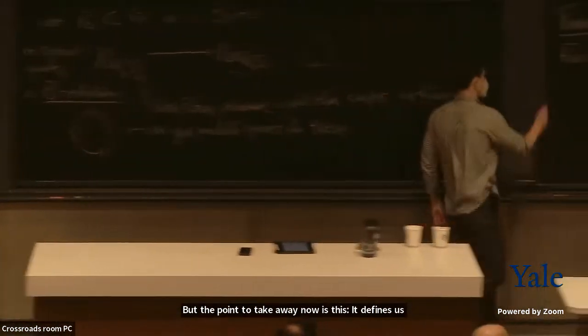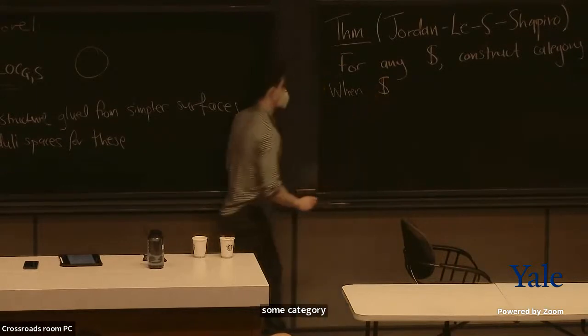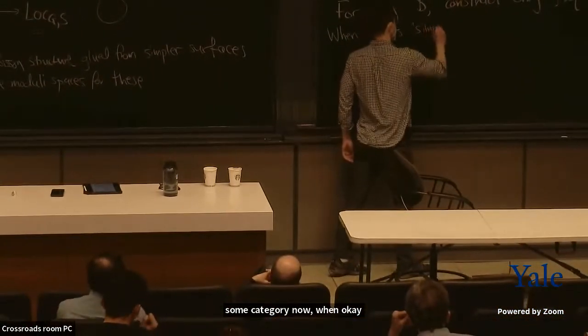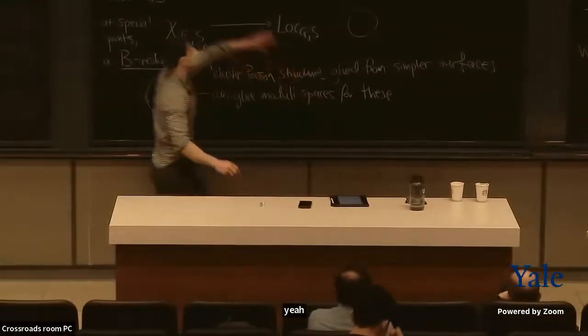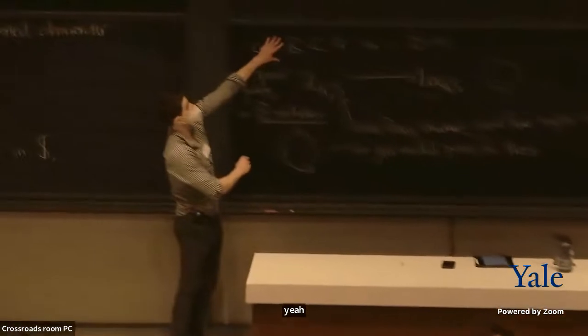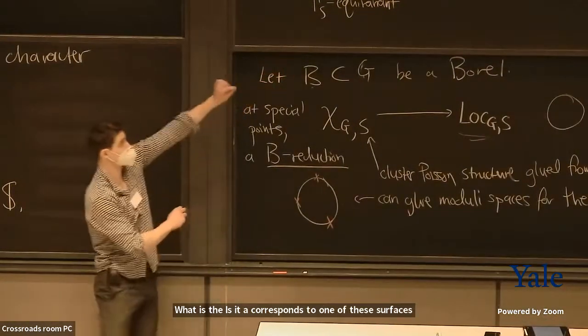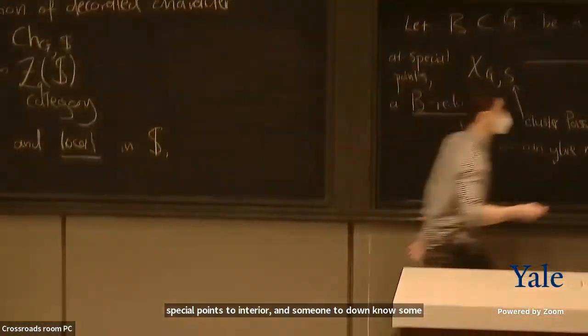Okay. Now, when a decorated surface S is simple, again, I'll explain what it means, but what you should think is that it corresponds to one of these surfaces considered by Sasha and Bologna, where we allow some special points in the interior and some on the boundary, and not some more exotic thing.